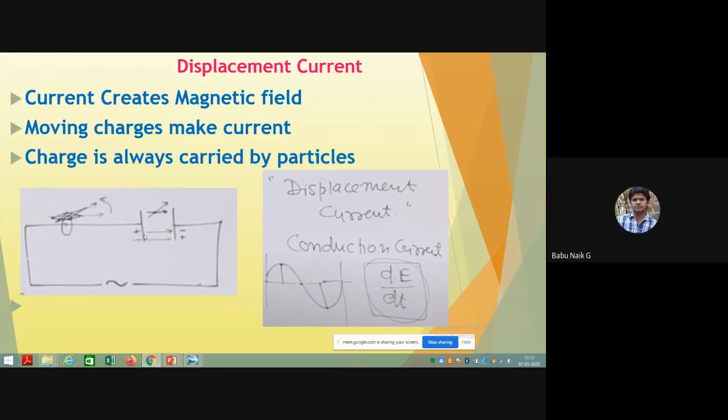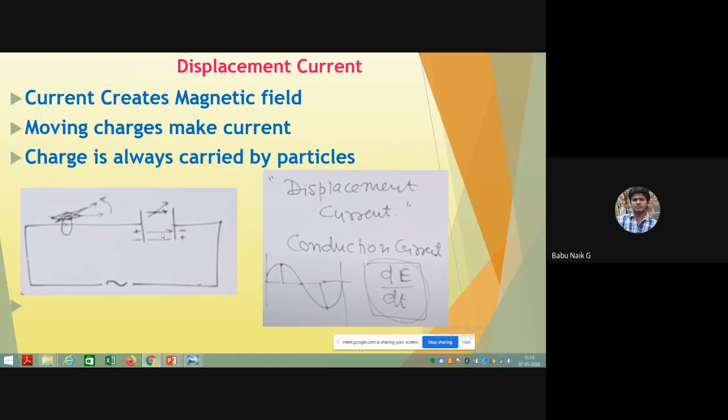So simultaneously it is happening: positive and negative, and negative and positive. Based on this, a magnet field is created between these two parallel plates. This creating the magnet field we call displacement current between the two parallel plates, without any moving of charges that makes current. Between these two parallel plates it changes sinusoidally, positive, negative and negative, positive.